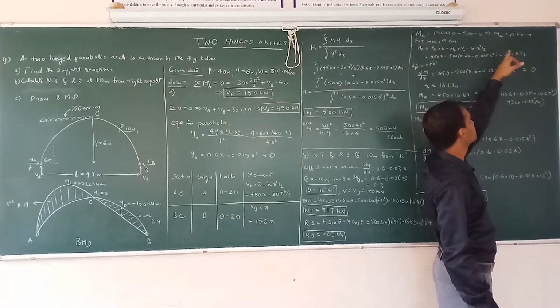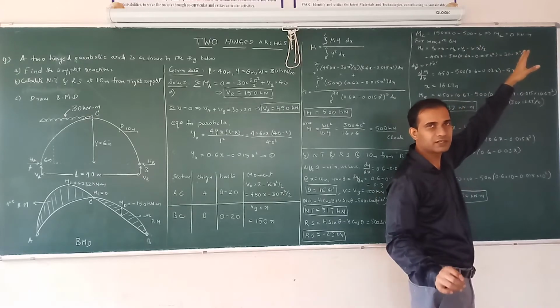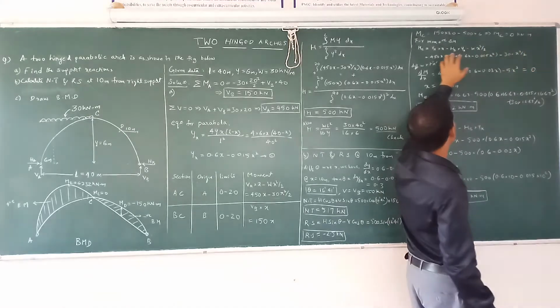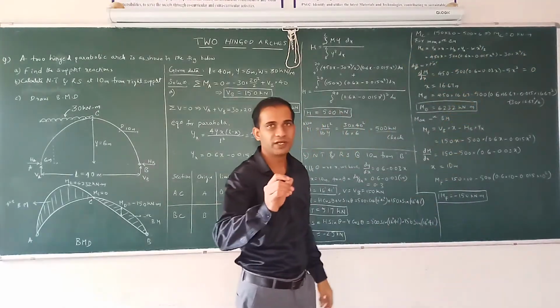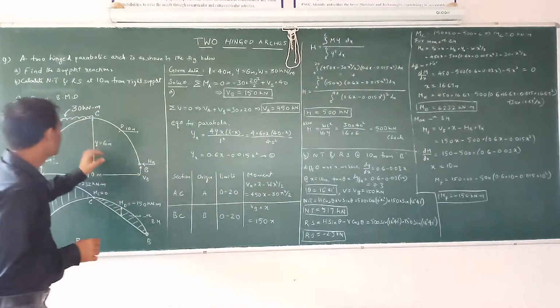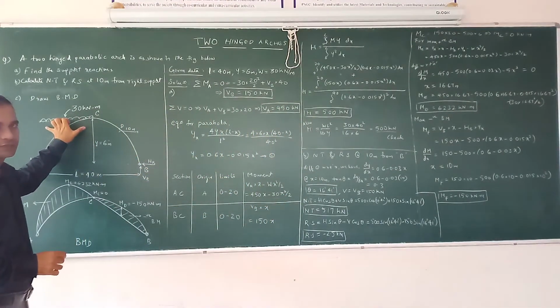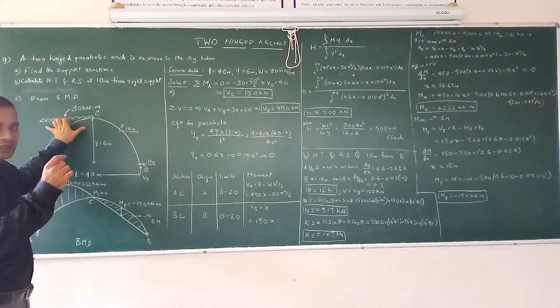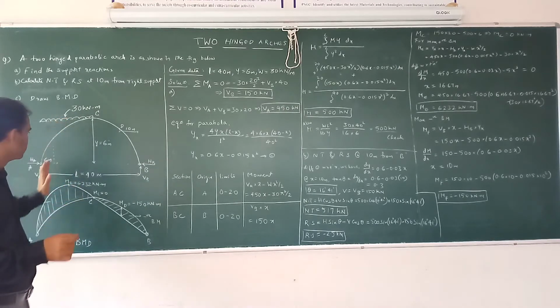Next, to find the maximum positive bending moment. The maximum positive bending moment will occur in the span AC. So I am going to write an equation for the moment at any point, at a distance x from A. What are all the forces acting? VA into x, clockwise, is positive since it is to the left of the section.